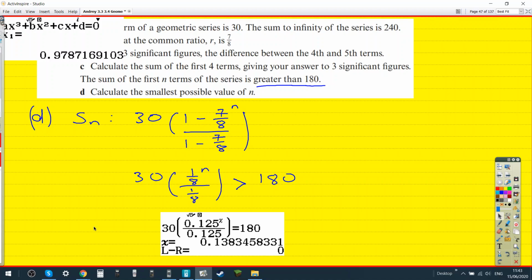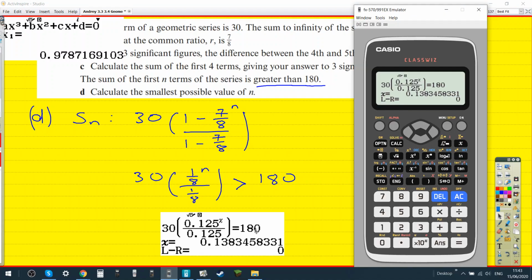I was not expecting an answer like that. If I was to do this manually, I would do 180 divided by 30 times an eighth, which is 0.125. That's 3/4.